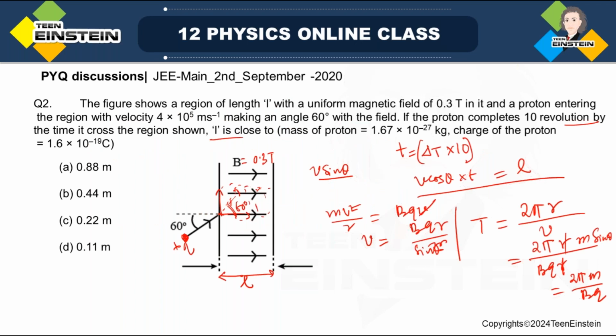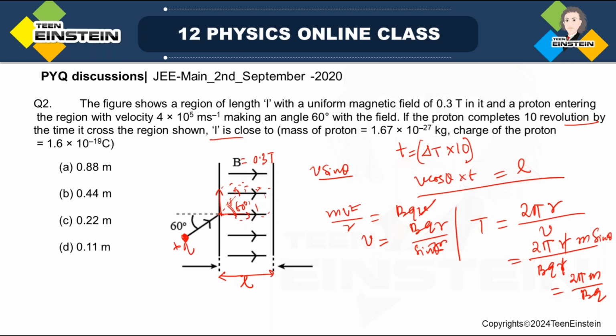So what was the question here? The figure shows a region of length L with uniform magnetic field of 0.3 Tesla. And finally what we had to find out?